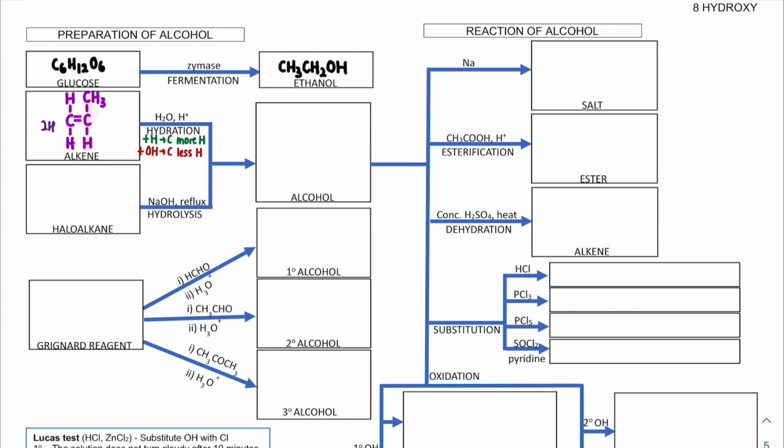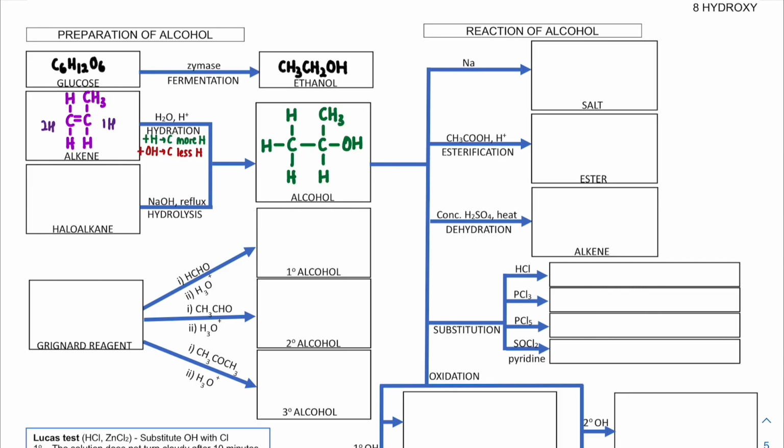So the more hydrogen is to our left and the less hydrogen is to our right. Once we add the atoms, this will be our product, our alcohol. So that is the second preparation.